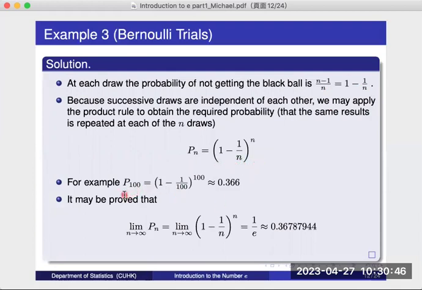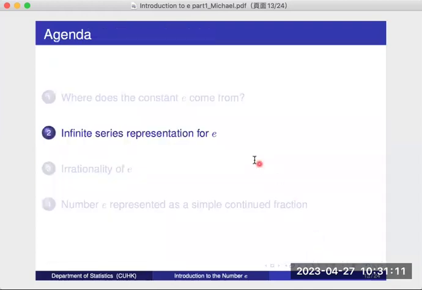For example, when n equals 100, we have P100 equals (1 minus 1 over 100) raised to the power of 100, which is approximately 0.366. It can be proved that as n approaches infinity, Pn approaches the value of 1 over e, which is approximately 0.367879444.